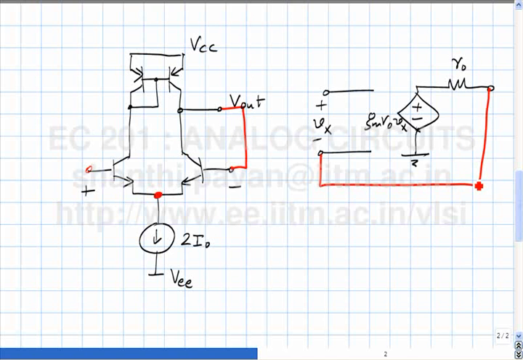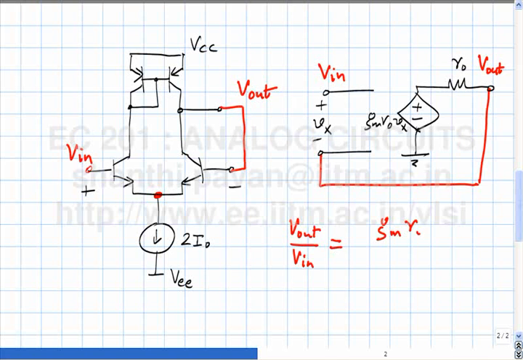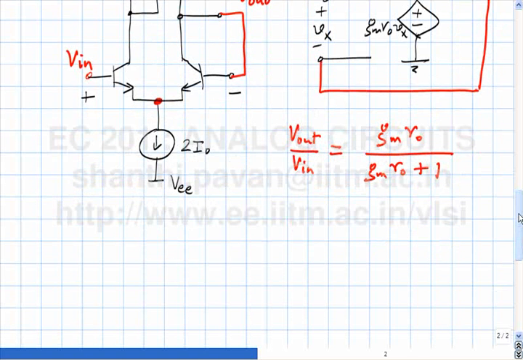And sure enough, as you point out, the incremental gain, if I put V in here and have V out here, is of the form GM RO by GM RO plus 1. So we already have unearthed the problem. What is the problem? Finite gain.